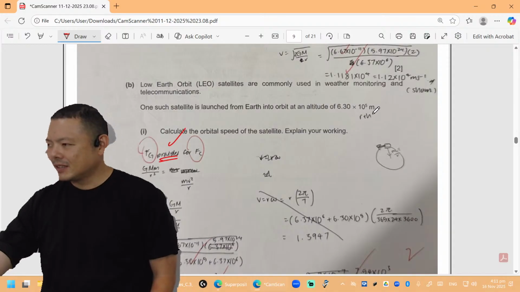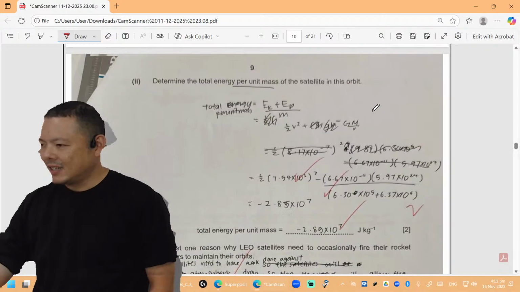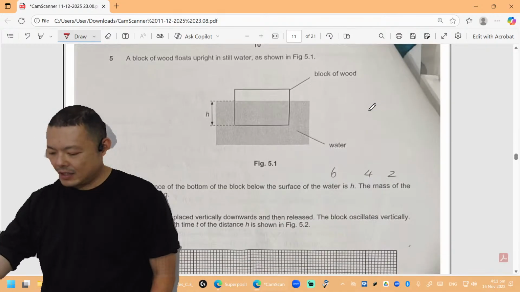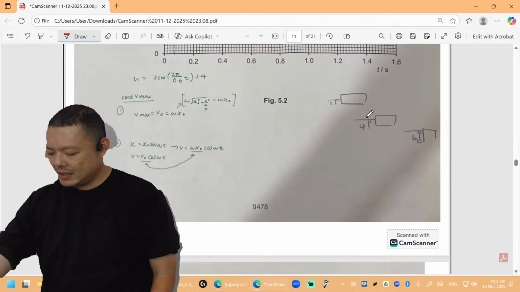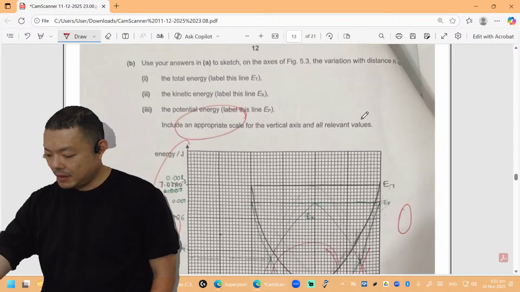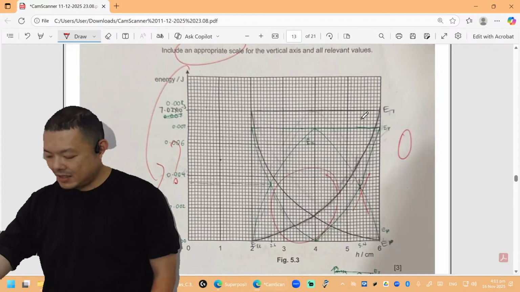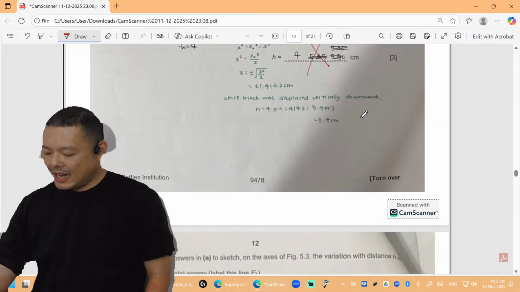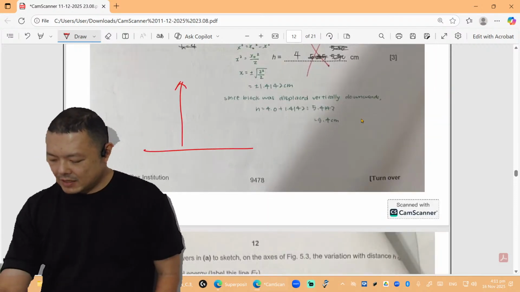Which one? Come. Number 5. Why? This one here. So they give you H, right? Okay, but the x-axis is not displacement. But do you understand that the basic graph looks like this?